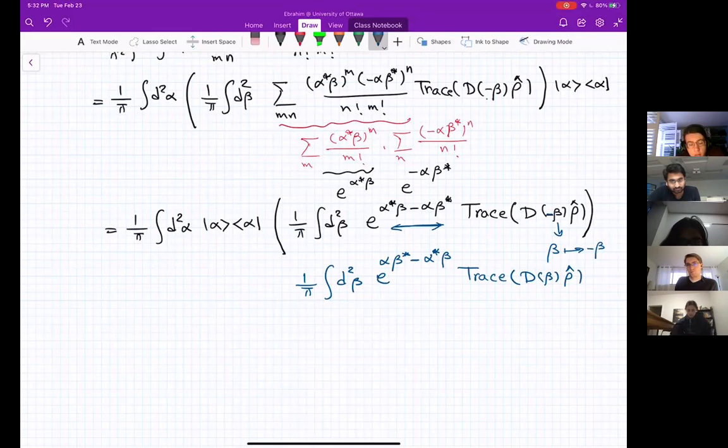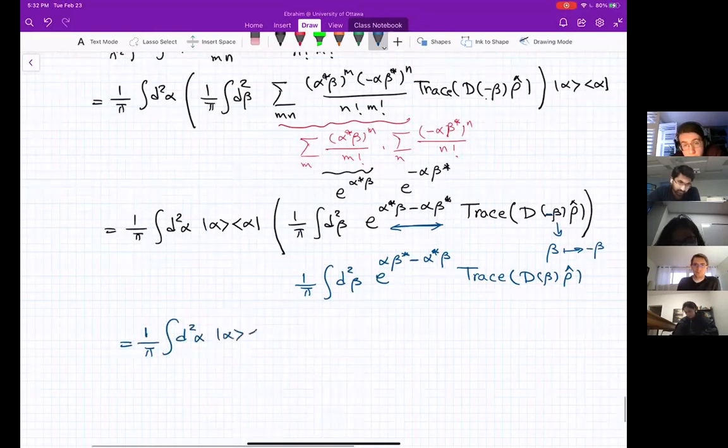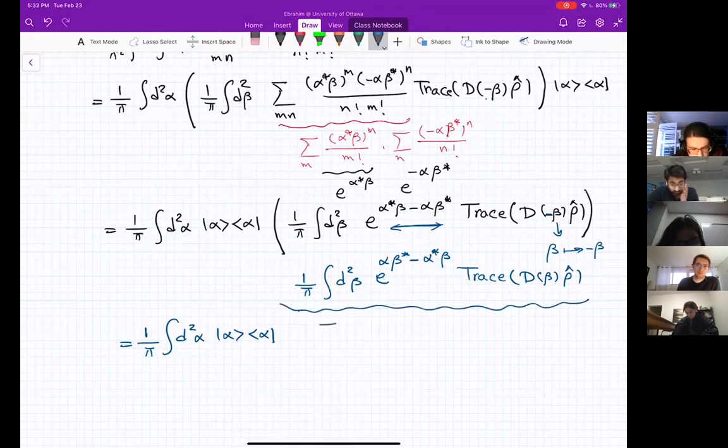Okay, so we do have this expression. I call 1 divided by pi integral of d2 alpha. This function that I have here is a function of alpha. I will call it, let's look at the notation if we want to have pi.